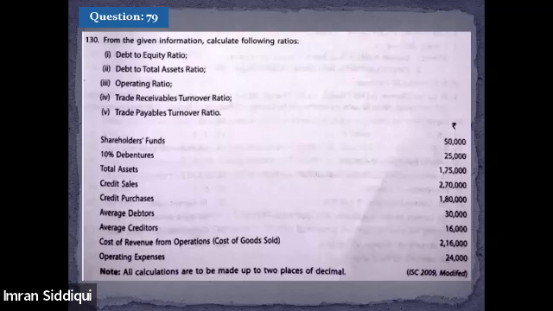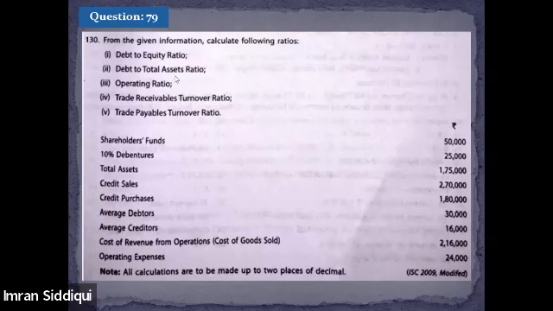Okay. Just tell me the answers for all of those one by one. Debt to equity ratio 1:2. 2:1 or 1:2? 1:2. How did you get 1:2? What is the formula you applied to find the debt to equity ratio?